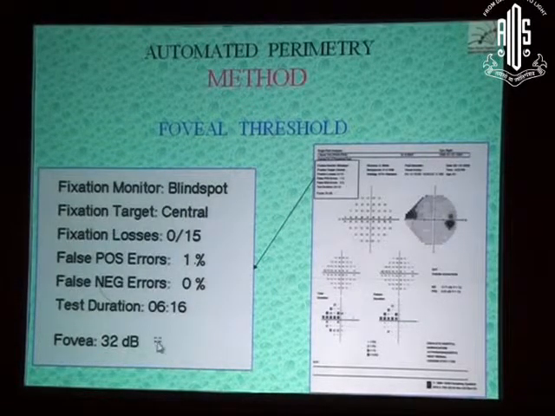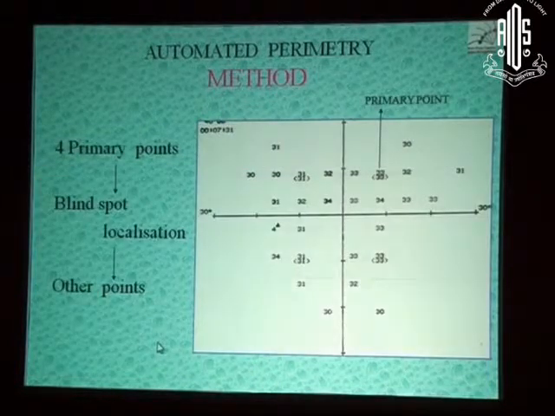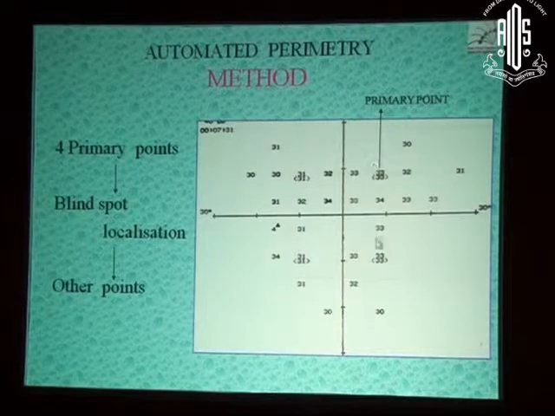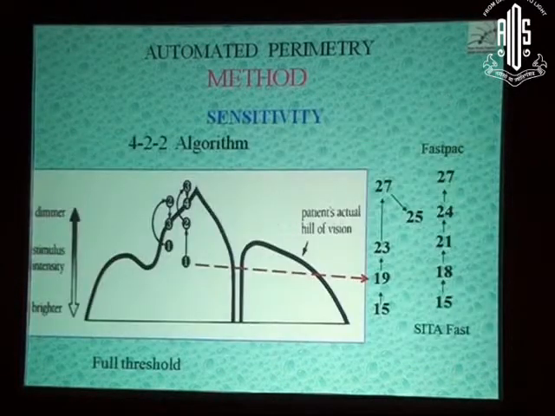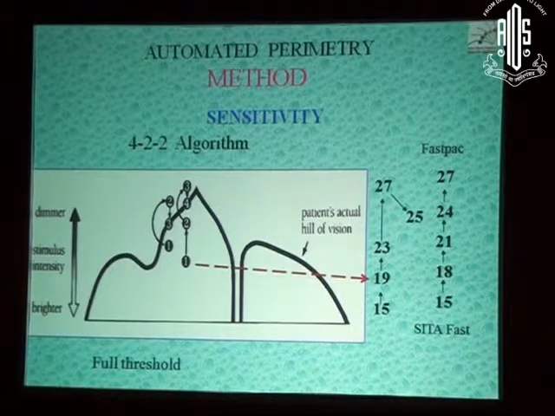I will talk about this later on. After the foveal threshold, the machine usually indicates the threshold value at 4 primary points in 4 quadrants, and after that it localizes the blind spot, and then the other points are tested. This is the standard protocol of the machine. How are the other points tested?